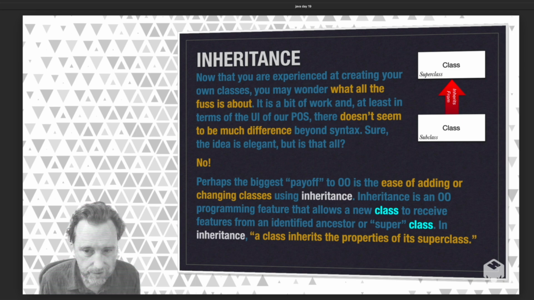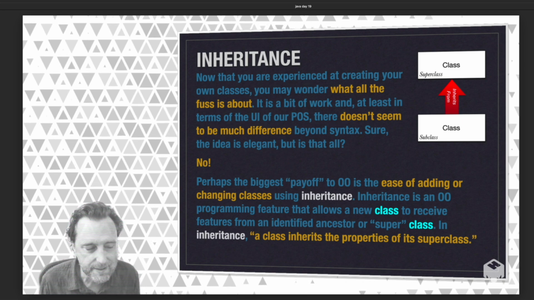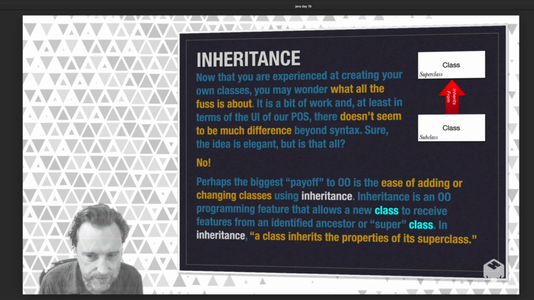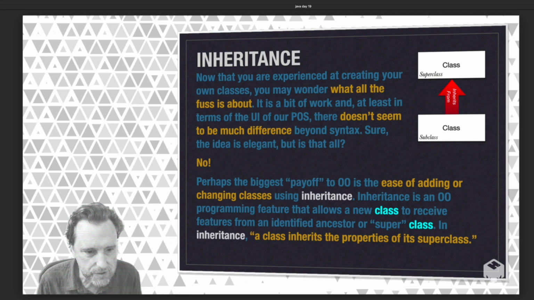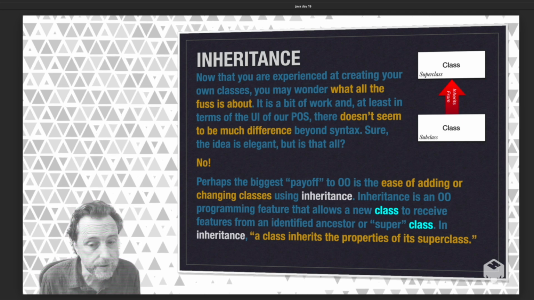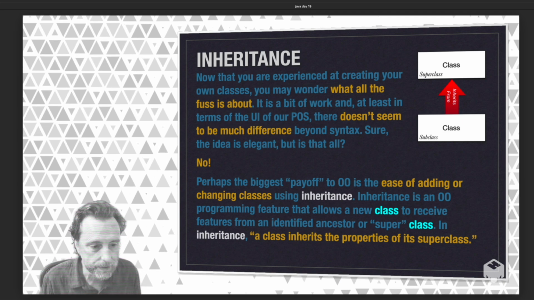So inheritance is creating a new class, but basing it on an existing class. This creates a superclass subclass relationship, and the subclass creates or inherits the properties of the superclass with some important limitations that we'll get to in the chapter.